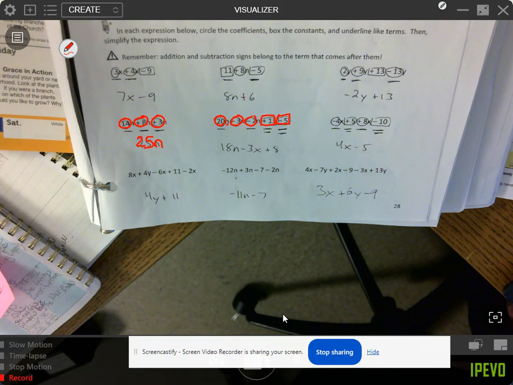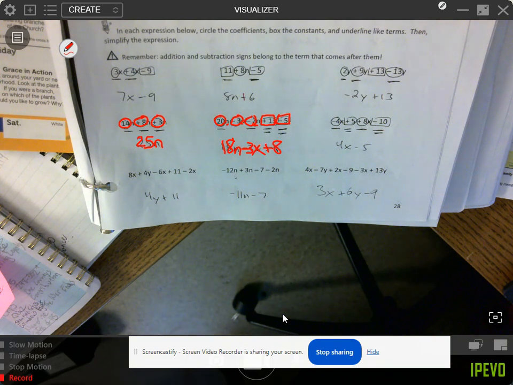I see I have an n here and an n here. So 20 minus 2 is 18n. There are no other x's. So that is a minus 3x. And then I have plus 13 minus 5. 13 minus 5 is 8.